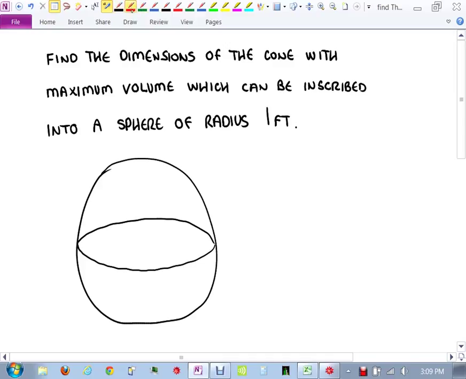So imagine a cone whose tip touches, let's say, the North Pole, and the base touches somewhere on the sphere. Like I could do this instead, right?